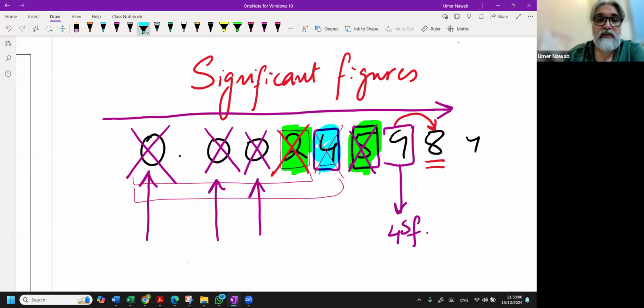Now the question arises, Mr. Umar, this 9 becomes 10. How can I accommodate two digits in the place of a single digit? No problem. In the place of 9, I'm going to write 0 because I cannot write 10 here. This 1 will be carried to the previous number.